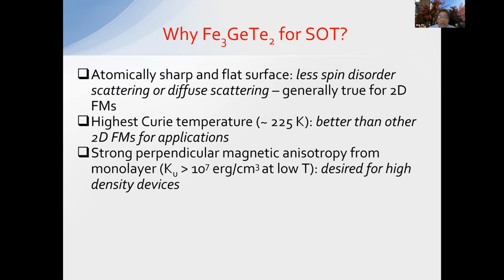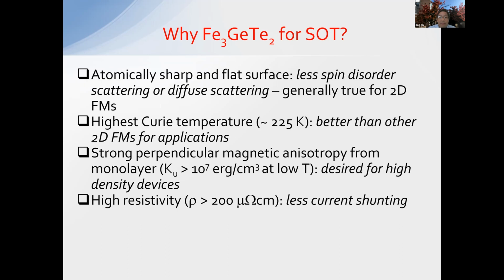This is very, very strong considering it's just one monolayer, and you can compare with a three-dimensional ferromagnetic material. This is a really strong anisotropy. By itself, the mechanism is very interesting, but for application, especially for memory application, this is a very desired property.